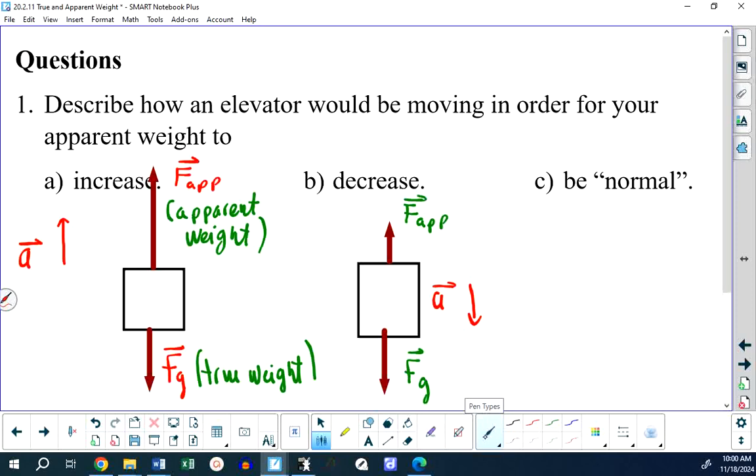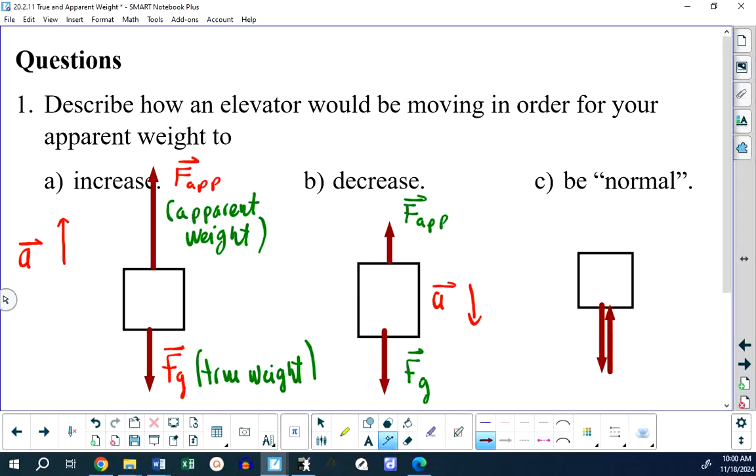How would an elevator be moving if your apparent weight was your normal weight? Well, the only way for this apparent weight, which is the applied force, to be equal in magnitude to the true earth weight would be if the forces were equal in magnitude, which means zero acceleration.